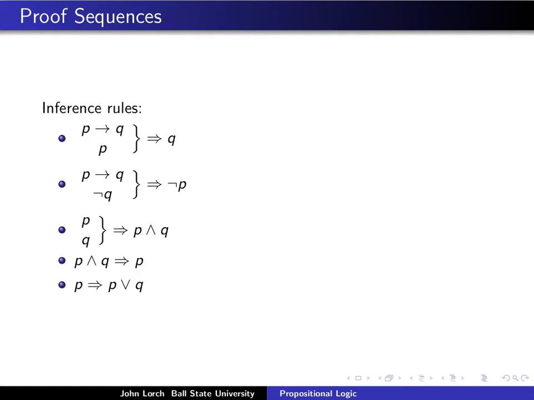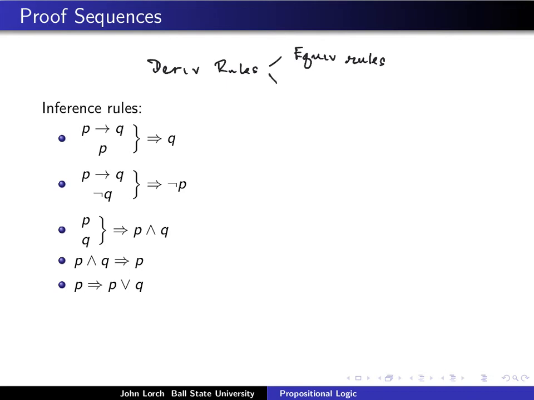On the previous slide, we introduced the idea of derivation rules, which are going to be useful to us when constructing proof sequences. And of course, we recall that these derivation rules come in two types. So we have equivalence rules, which are logically equivalent tautologies.